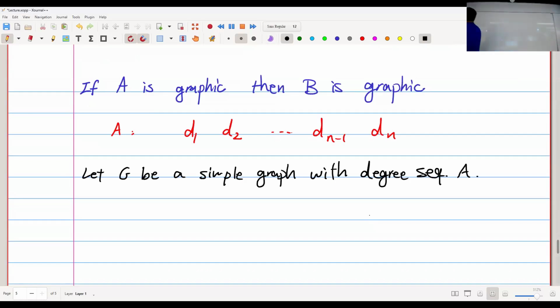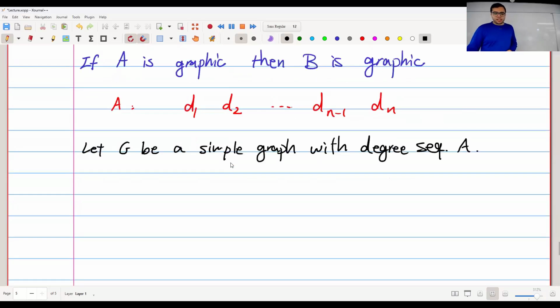What does this mean? Well, of course, G is going to have a vertex of degree Dn. It's going to have a vertex of degree Dn minus 1 and so on. Let's number the vertices based on the degrees. So let's say that I just number the vertices in G such that vertex 1 has degree D1, vertex 2 has degree D2, and so on. So look at vertex n.